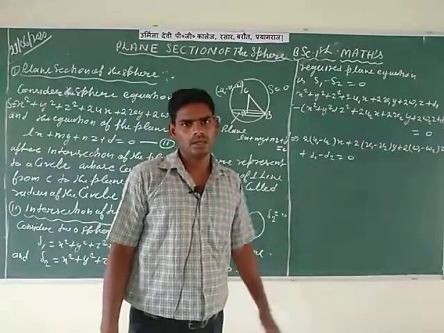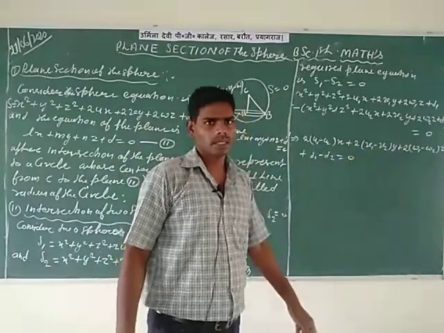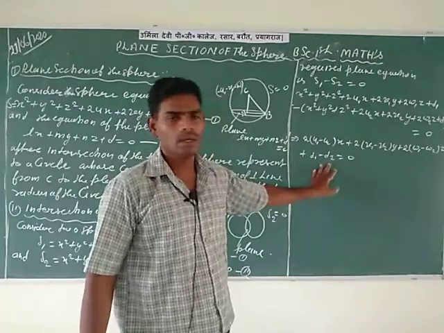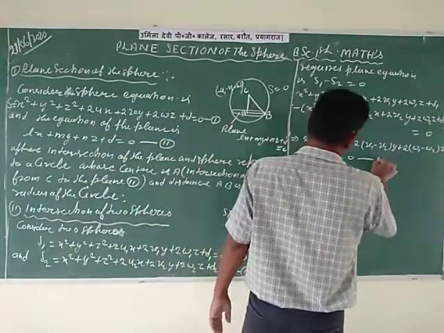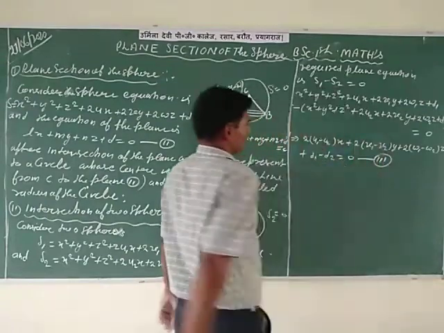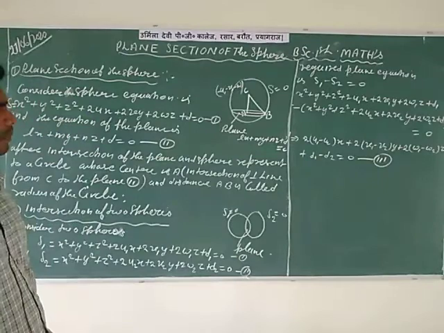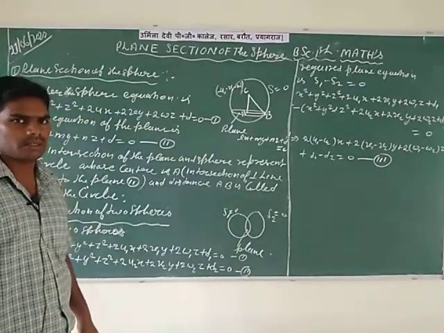You know about the equation of a plane. If any equation is in power first with 3 variables x, y, z, then it represents the equation of a plane. So this equation always represents the equation of a plane, which is represented by equation second. So equation third represents the equation of the plane which is formed by the intersection of the two given spheres, first and second.